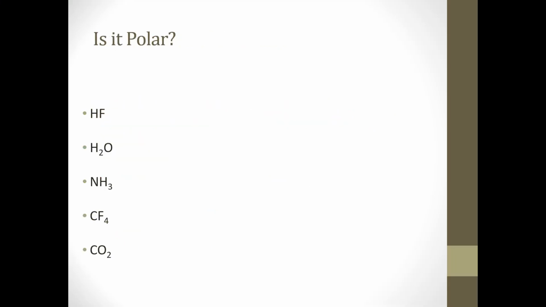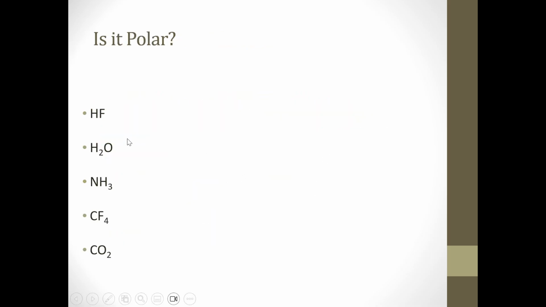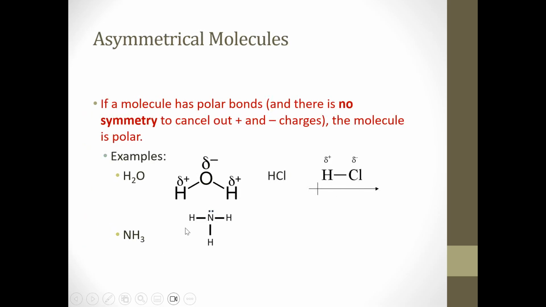So we have to figure out whether each one of these is polar. We've kind of already done these. Hydrogen fluoride is going to be polar because it has a polar bond and it's linear. Water's polar because it has this configuration where it's got polar bonds, but it's asymmetrical. The ammonia is polar. Here it is, 3D space.